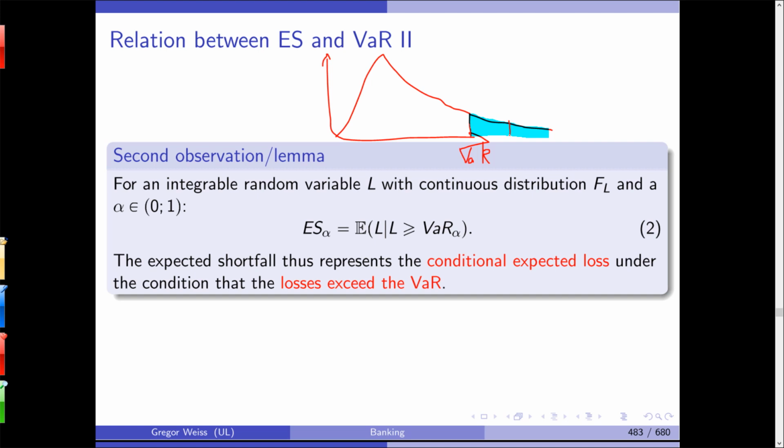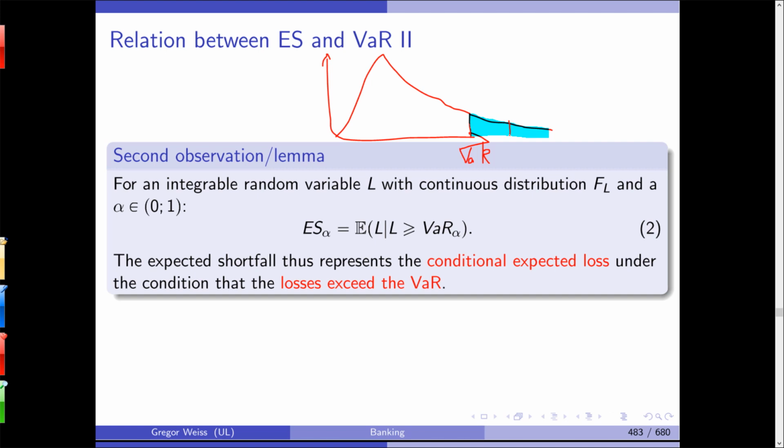So if you're interested in, let's say, the risk you're facing on a day-to-day basis, on each trading day, you might be interested in value at risk. If you're interested in measuring the extreme tail risk of losing a lot on one of these extreme days, you would use expected shortfall.